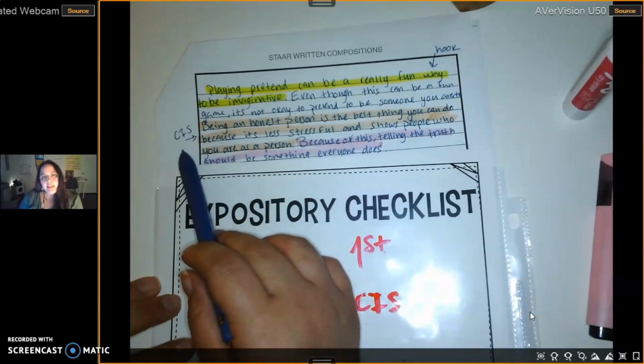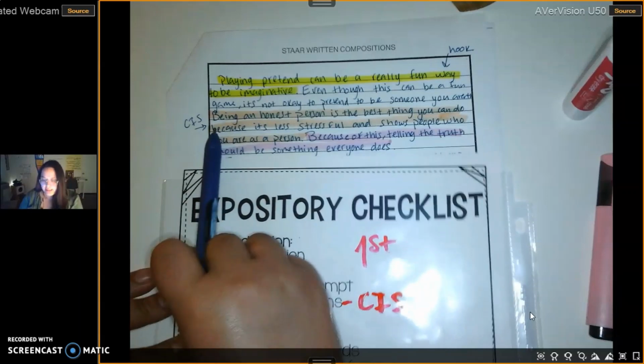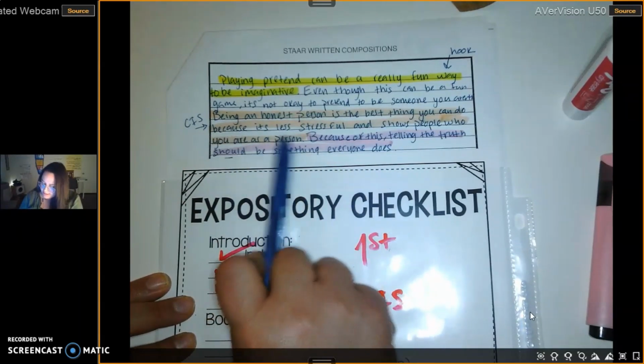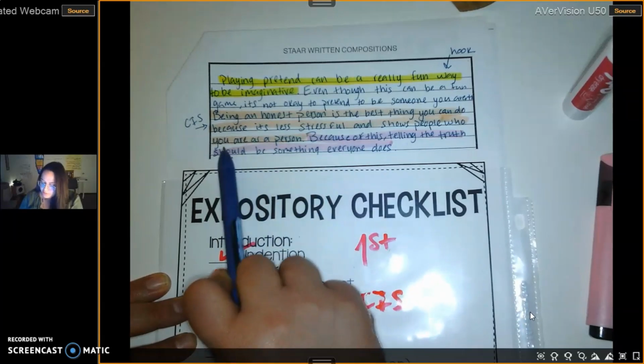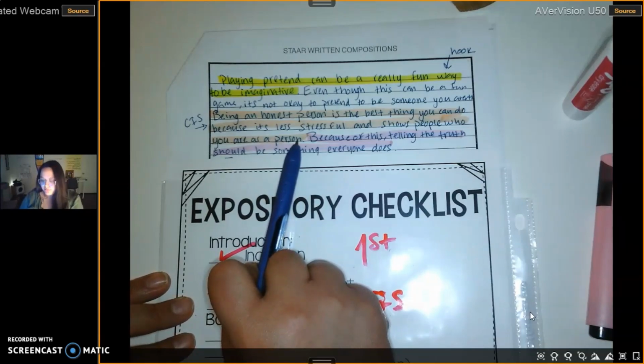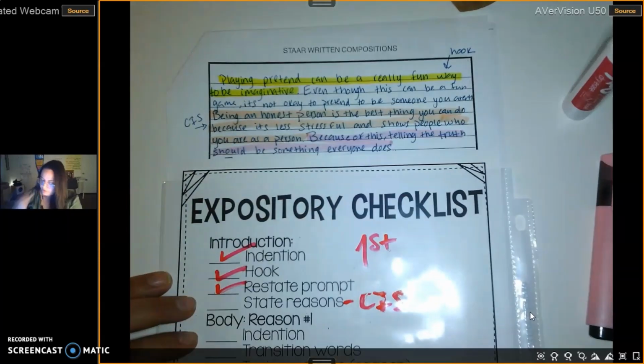Remember, the central idea statement is the sentence that tells what the writing is about. Just by looking at my central idea statement, being an honest person is the best thing you can do because it's less stressful and shows people who you are as a person. Can you tell what the writing's going to be about? Yeah, it's going to be about those two reasons, less stressful and shows people who you are as a person.